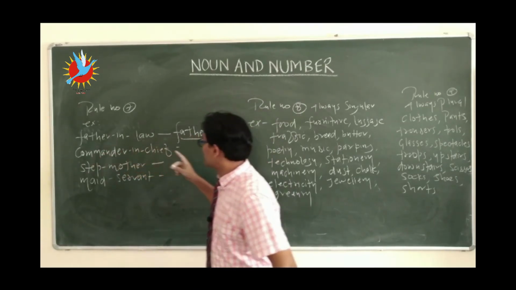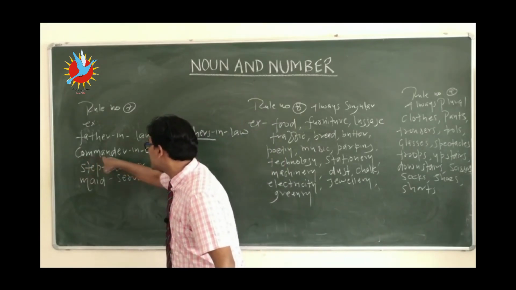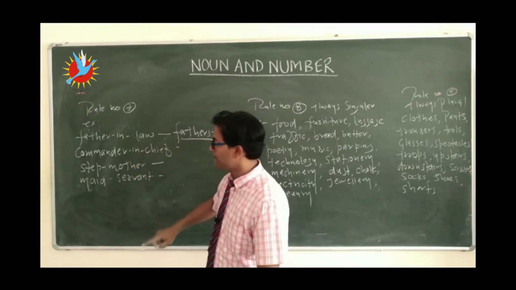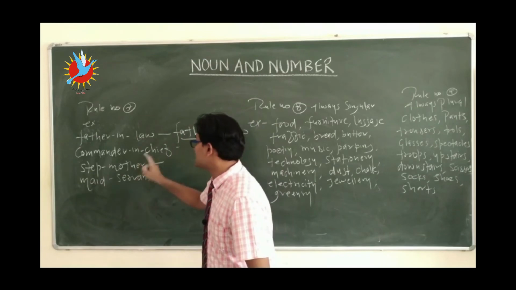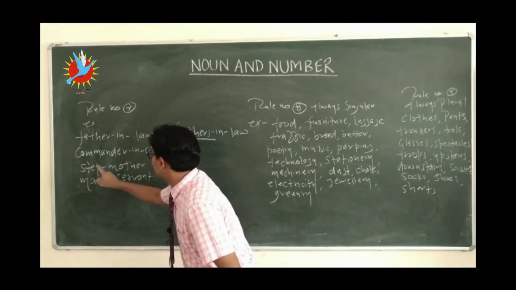Father is the main word of this singular compound noun. Then commander-in-chief. The main word of this compound noun is commander. It would be commanders-in-chief. And here stepmother. So mother is the main word of this noun. Then it would be stepmothers.